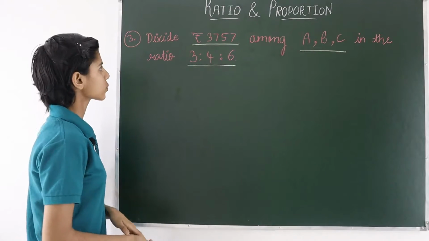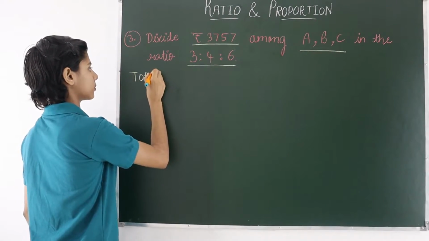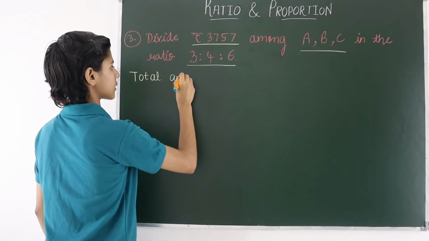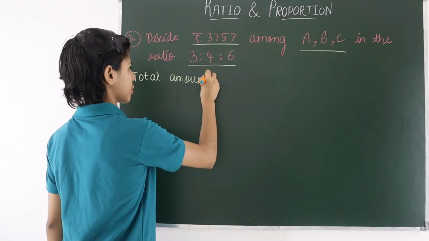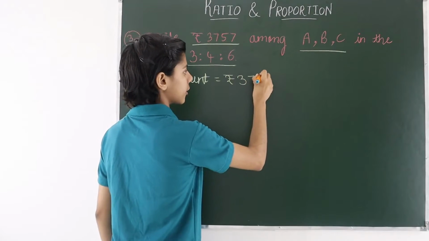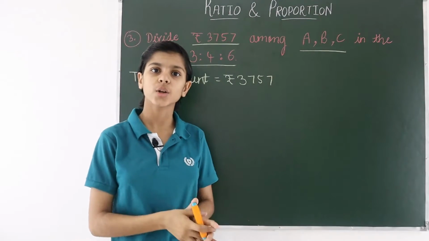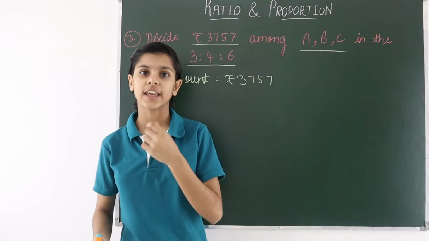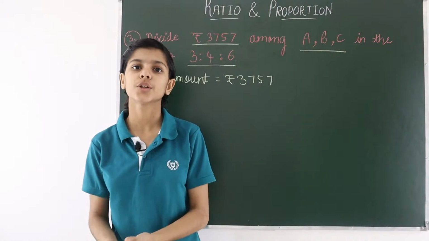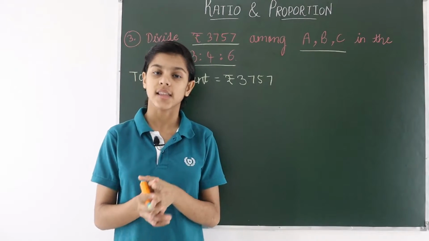So for solving this question, firstly we will write the total amount. That is the first thing given in the question. It is 3757. Now, as I have told you earlier also, if we are not aware of any value, then we assume or let it as x.